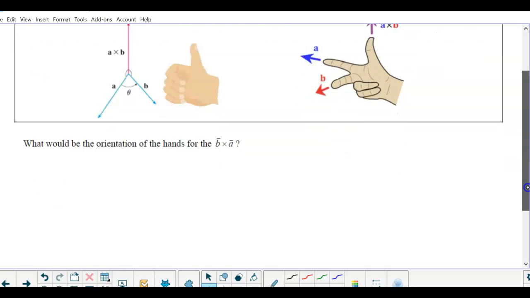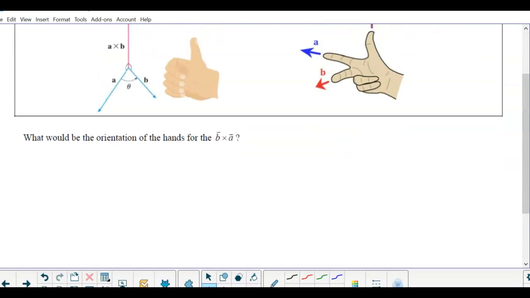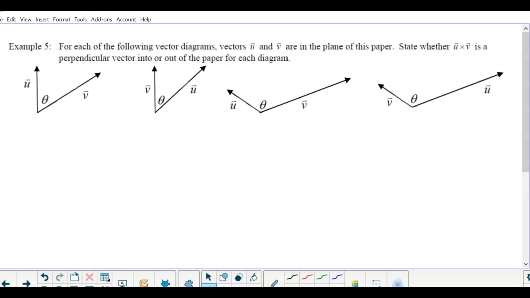So I think there are some examples down here. If we're doing U and V, doing the cross product, then in order to start with my index finger going from U, then curving around to V, my thumb has to be going into the paper.